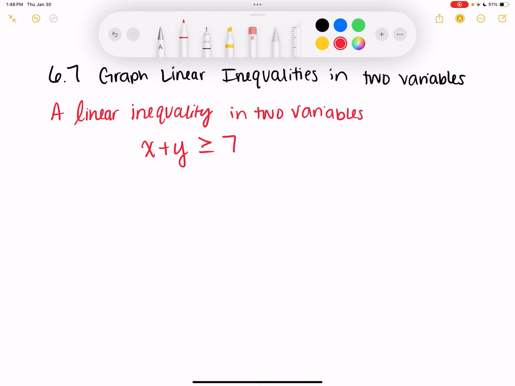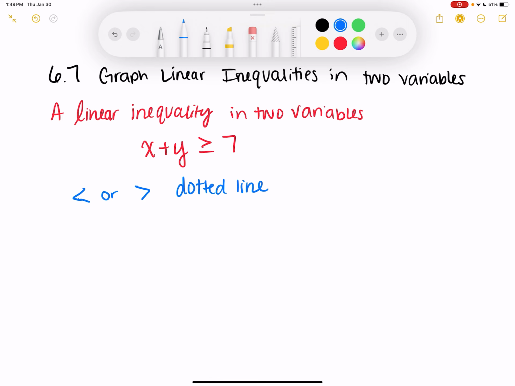Really the only difference from when we were graphing equalities to now is that the symbol has changed. A couple things that we need to know. A less than or a greater than is a dotted line. When we just had less than or greater than on a number line, those were parentheses, and if it was or equal to, it was a bracket.